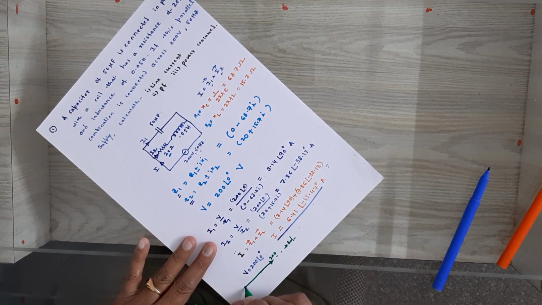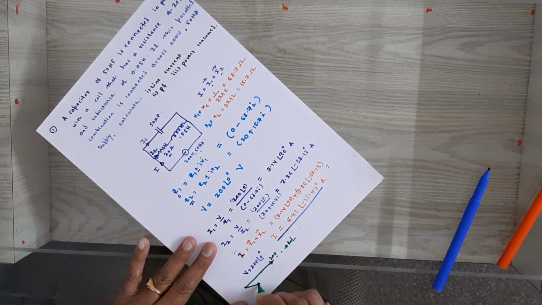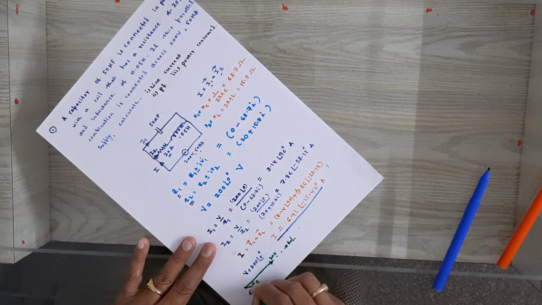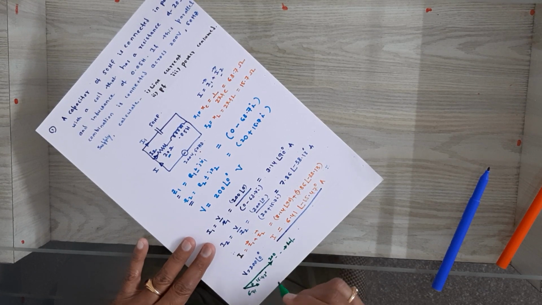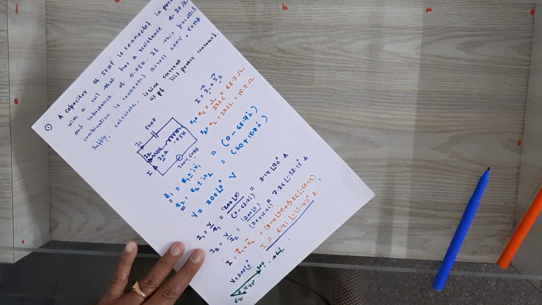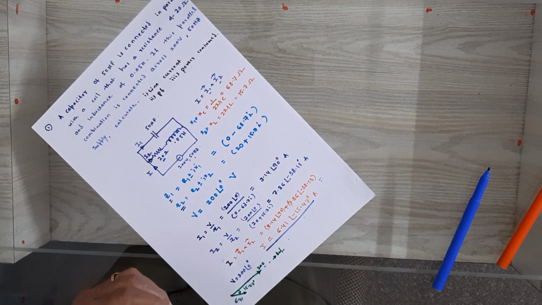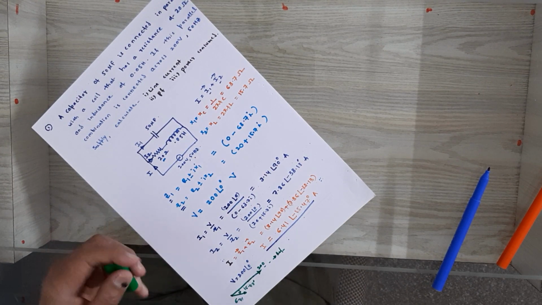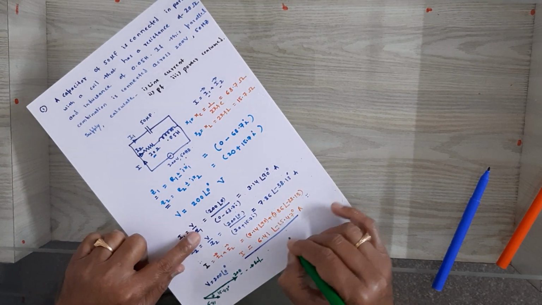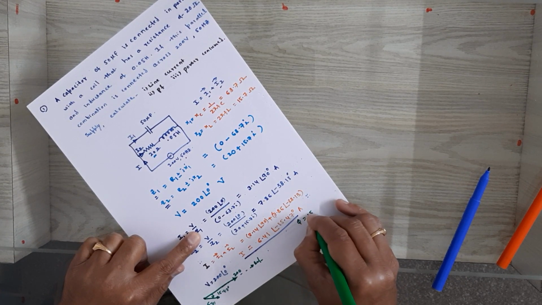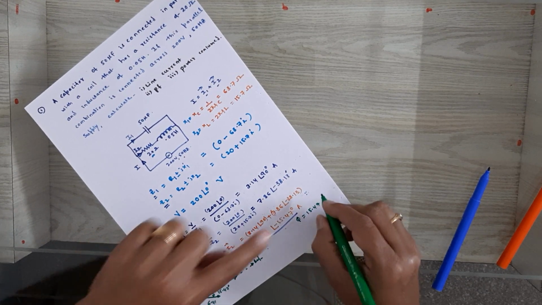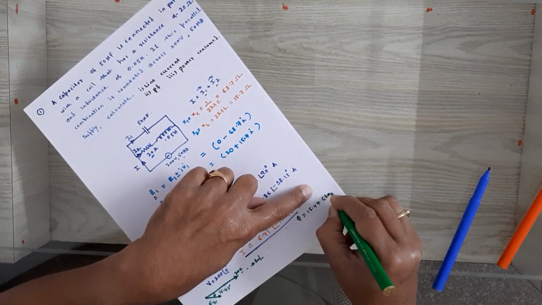Therefore, my current is 6.41. It is lagging an angle of 15.47 degree. It is lagging. Now, what is asked is, what is the phi you are getting? Phi you are getting as 15.47. We have to write this as lag.